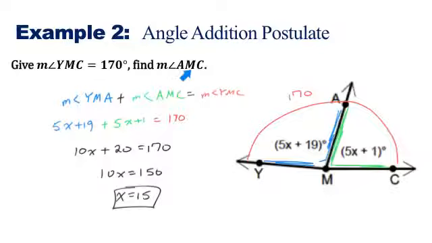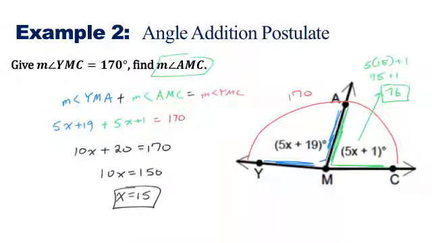Now in this case, it wants us to solve for AMC, which I highlighted as my green angle. So here we have 5 times 15 plus 1. 5 times 15 is 75 plus 1, so we get 76.